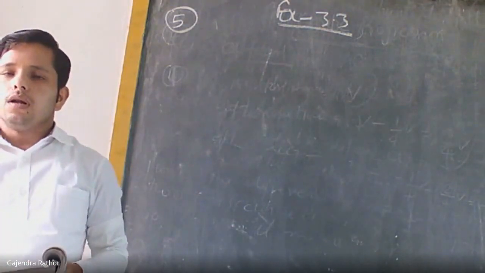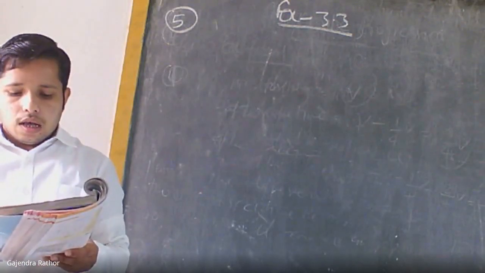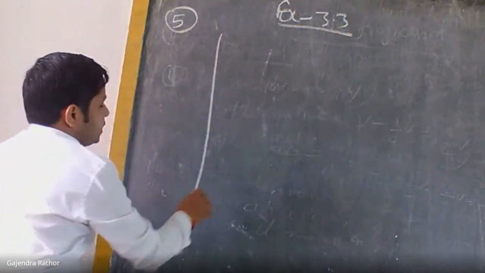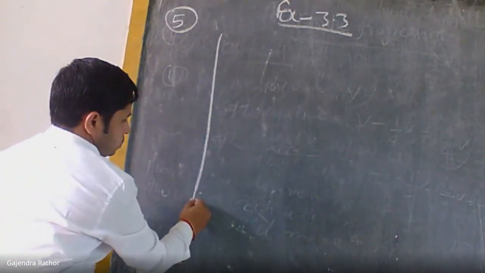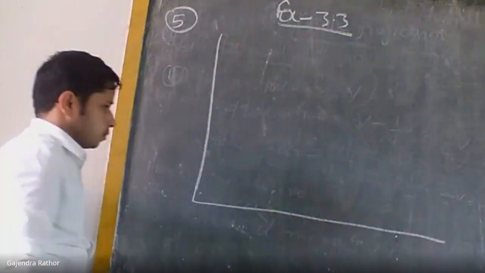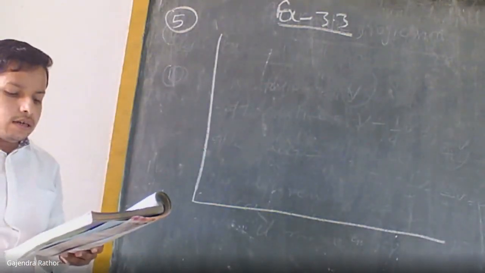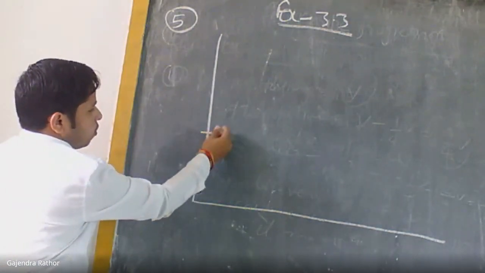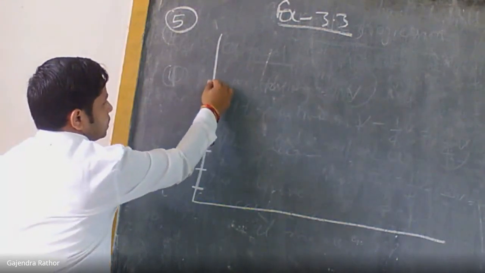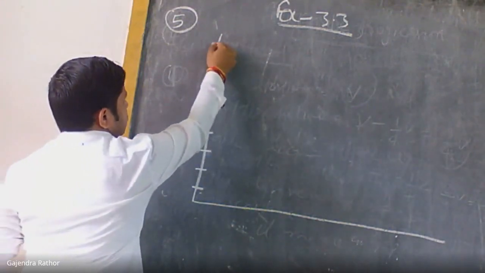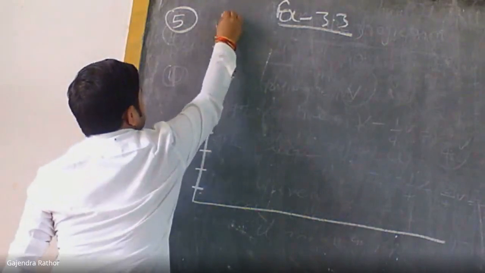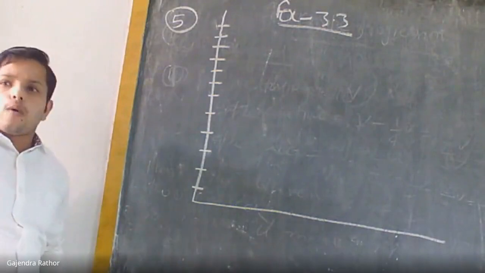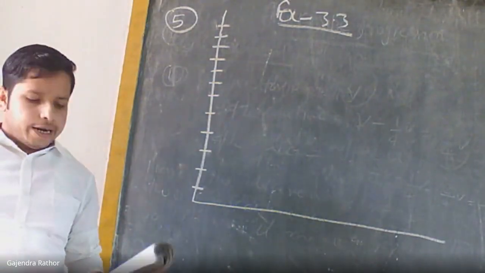The scale will be appropriate for this bar graph. So let's start. Draw 2 lines, one horizontal and one vertical. On the vertical line, write the units 1, 2, 3, 4, 5, 6, 7, 8, 9, 10, 11, 12. Okay, so 1 centimeter is equal to 1000.